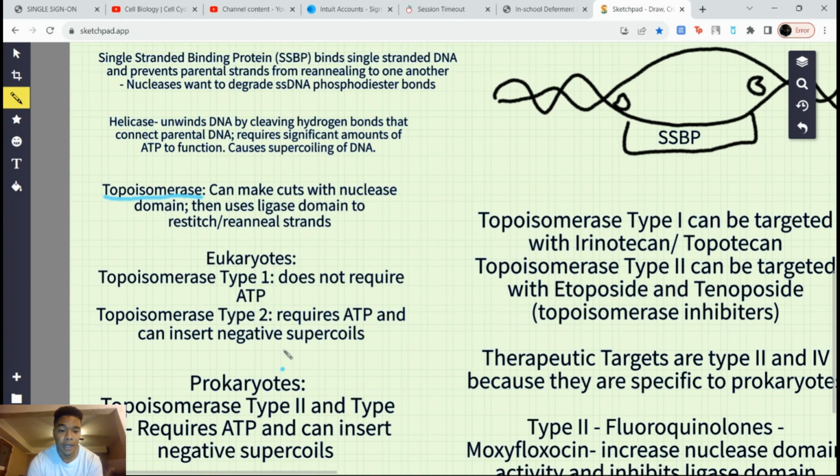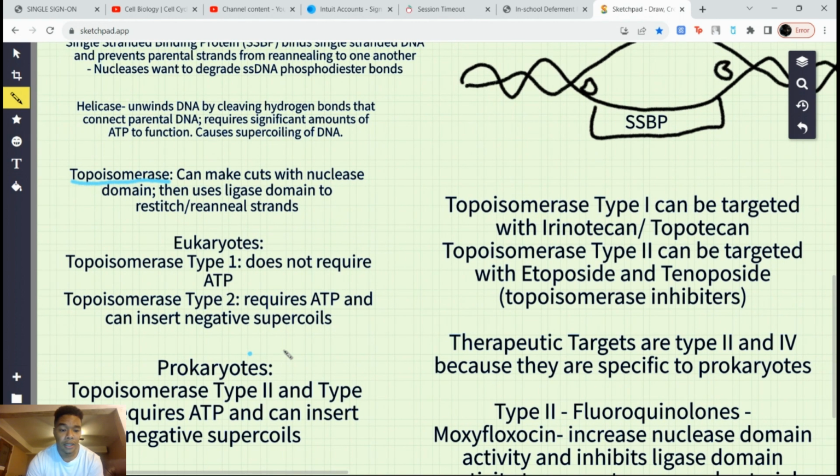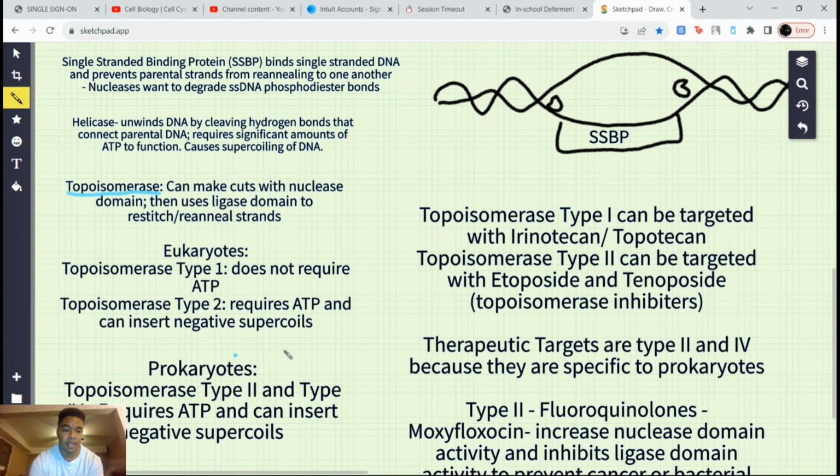Anyways, topoisomerase type 2 inserts negative supercoils, which utilizes ATP to almost prevent supercoiling in the future.